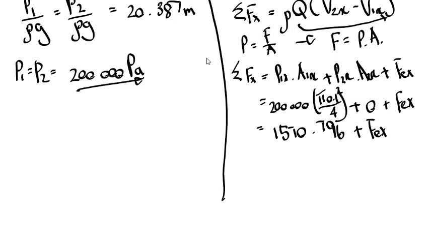So let's do that. Firstly it's going to be our rho Q (V2X minus V1X), and that's going to be equal to the density of water, in this case 1,000, times our Q, which we have already as 0.03.